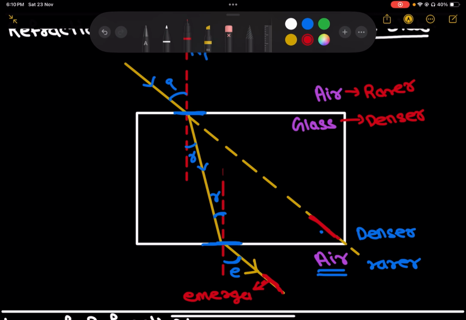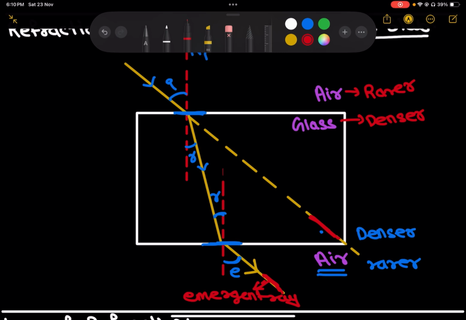It is parallel to the incident ray, but it has been shifted laterally. Can you understand that? The emergent ray and the incident ray are parallel, and the emergent ray has been shifted laterally after two refractions.